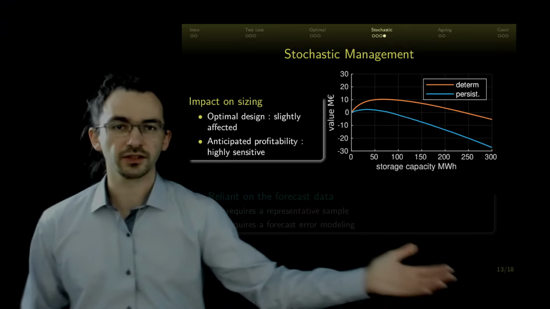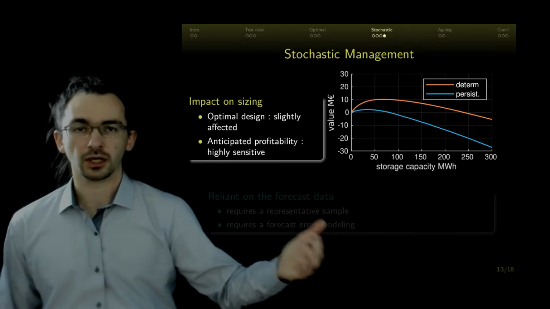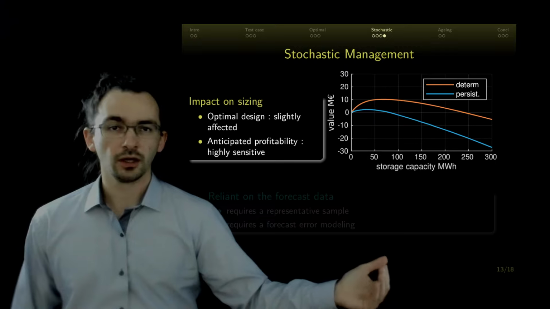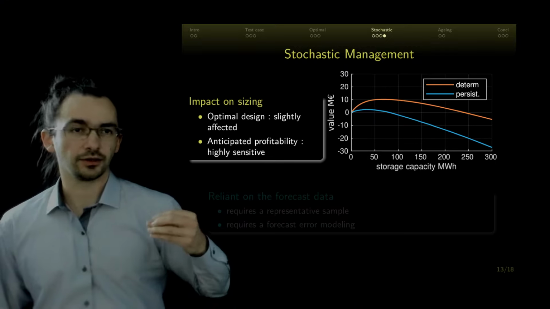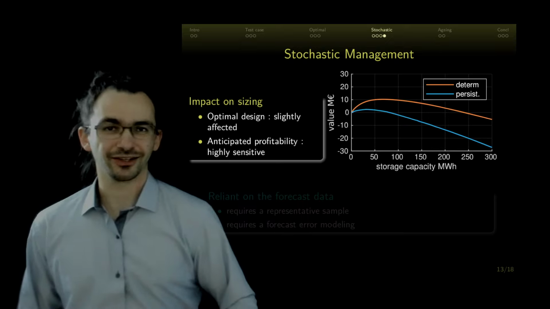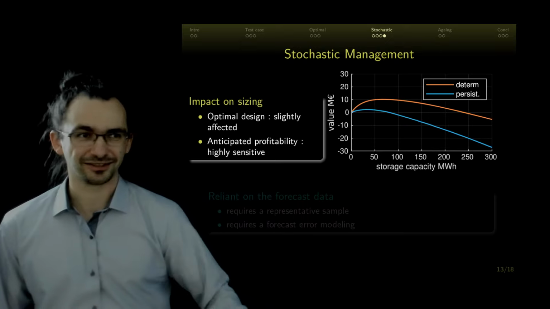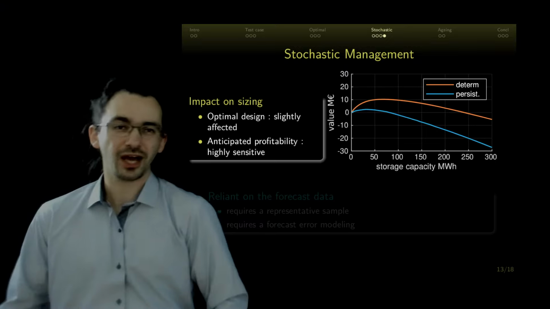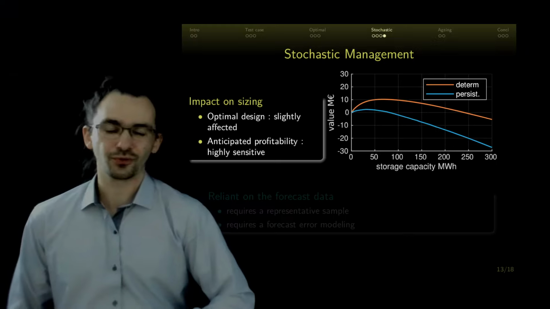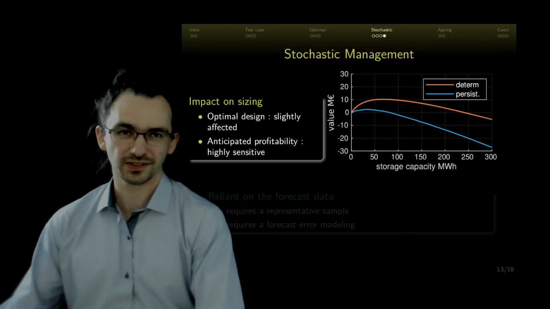So once again, the same figure, but this time I will draw a comparison between what could be my decision if I suppose that I have a 100% accurate forecast, so let's say I know a really good fortune teller, and in blue, what could happen if I do it the simplest possible way, the persistent forecast.